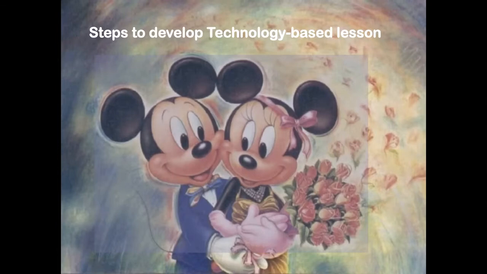And when you think about using technology, you also need to follow these steps. First of all, you need to check your students' learning style. Some of them are more visual learners, audio learners, kinesthetic learners, right?